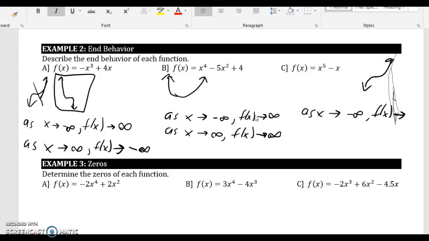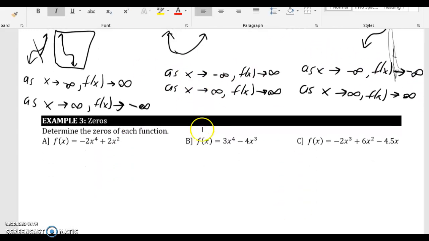As you go to the left, what does the graph do? It goes down. And then as x goes to the right, what does f of x do? It goes up. All right, so that's end behavior. What happens on the extremes?